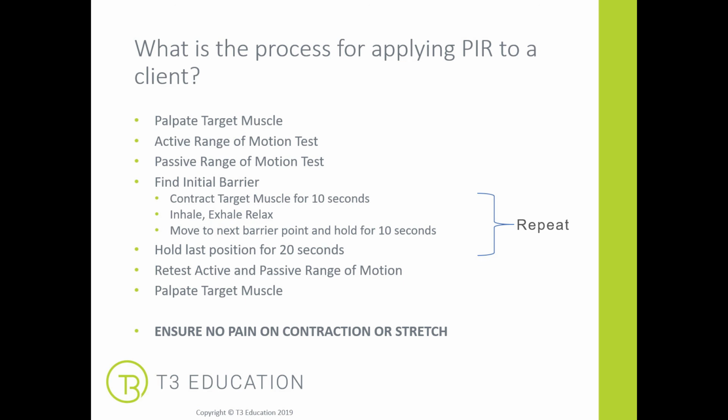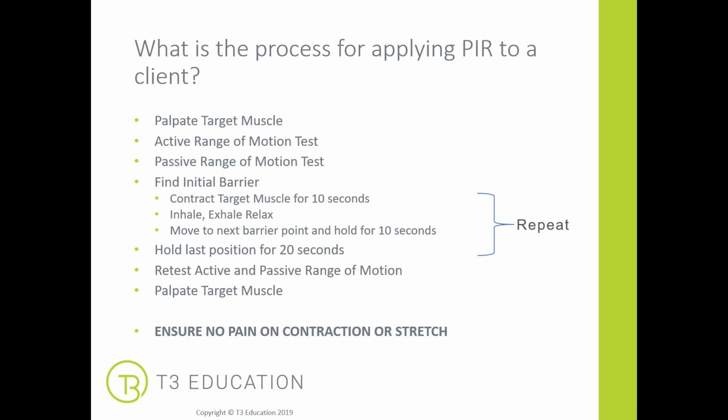But when you feel you're coming towards the end, we don't want to be pushing them into a deep stretch. So we want to make sure it's when we feel we're at the end of range and not pushing beyond. Simply hold that last one for 20 seconds to allow the body and the nervous system to acknowledge that new increased range of motion.